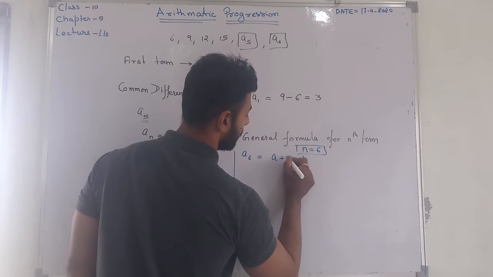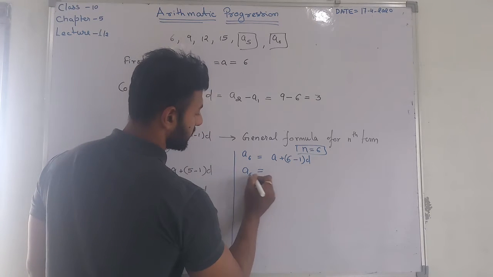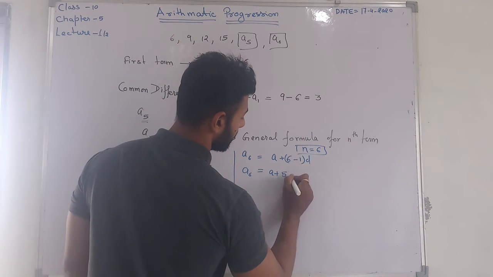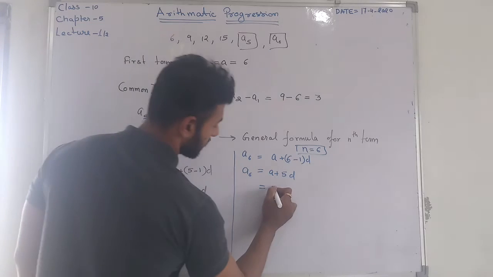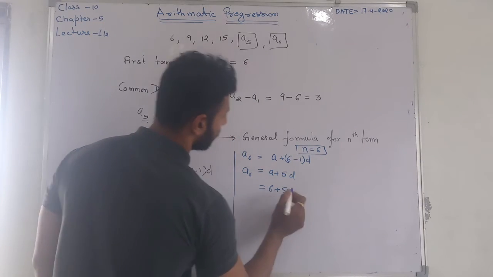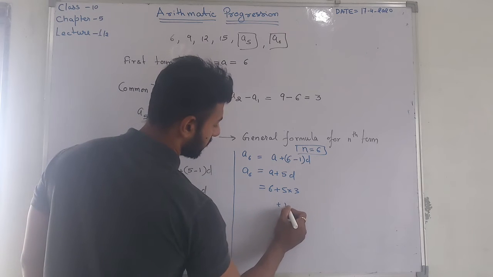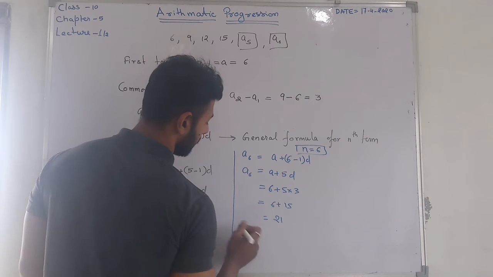6 minus 1 into d. a6 is equal to a plus 6 minus 1 is 5d. What is a? A is 6 plus 5 into what is d? D is 3. 5 3s are 15 plus 6, we will be getting 21.